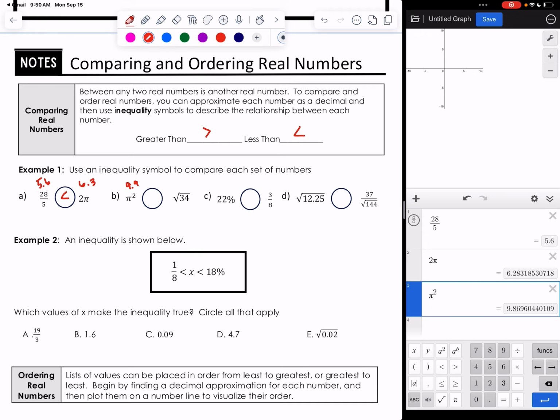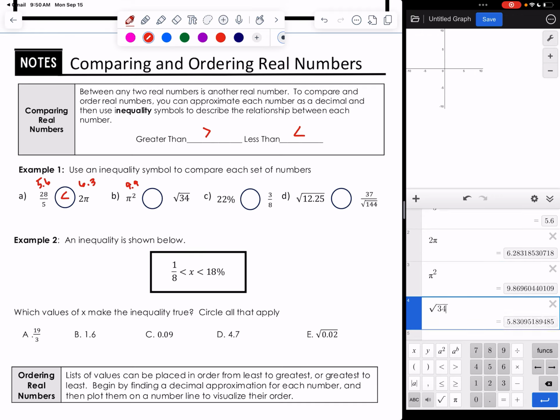And then square root 34, which is also an irrational number, I'll round it to 5.8. So now we ask ourselves the question, is 9.9 greater than 5.8 or is it less than 5.8? And it is obviously greater than 5.8. So pi squared is greater than square root 34.